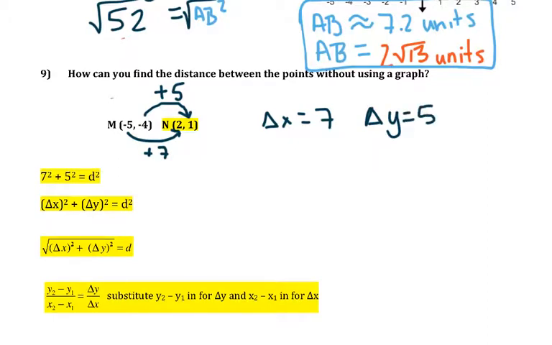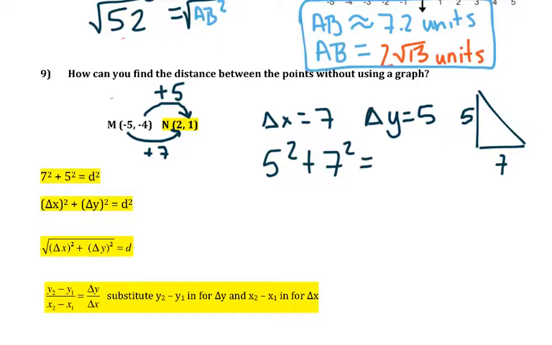And those are the lengths of the legs of our right triangle. So I could just draw myself a little triangle, say, well, this one is 7 units, and this one is 5 units. Now, setting up our Pythagorean Theorem equation, we would have 5 squared plus 7 squared is equal to MN squared.